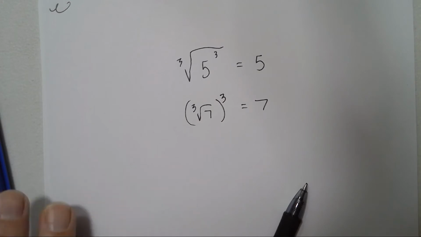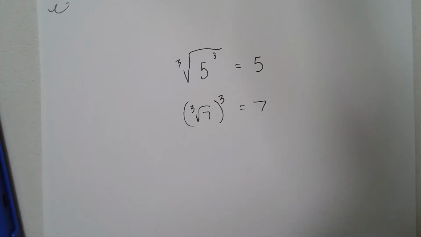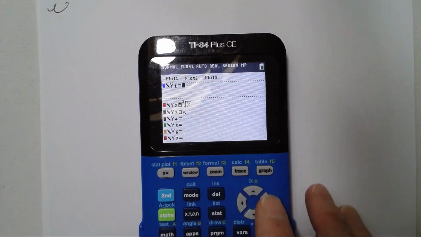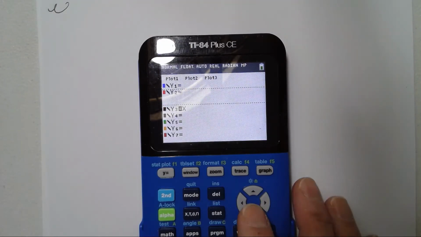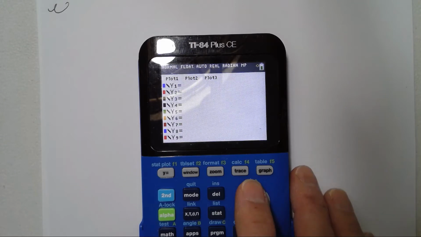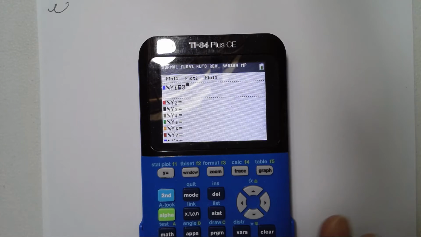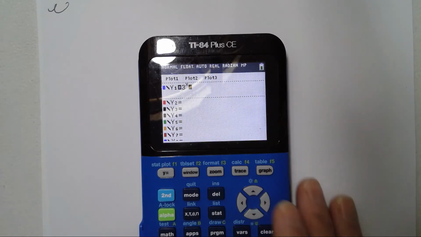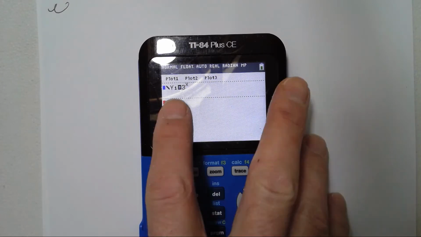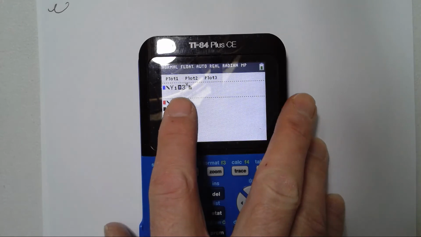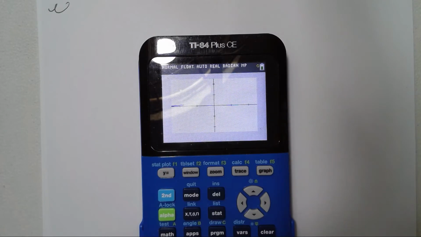What's new though is we've been dealing with exponential functions in this chapter, exponential growth and exponential decay. If I wanted to figure out what the inverse of y equals 3 to the x is, well, this is an example of exponential growth because the 3 is bigger than 1. It's going to grow like this.